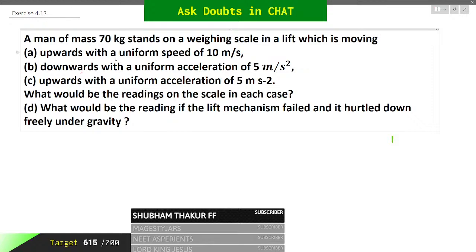So the reading would be just the weight of the man, and it would be equal to 700 Newton, because 70 kg times 10 meters per second square would give 700 Newton.